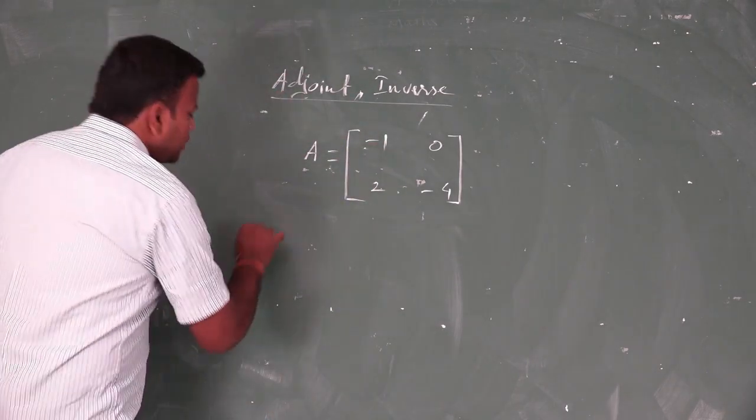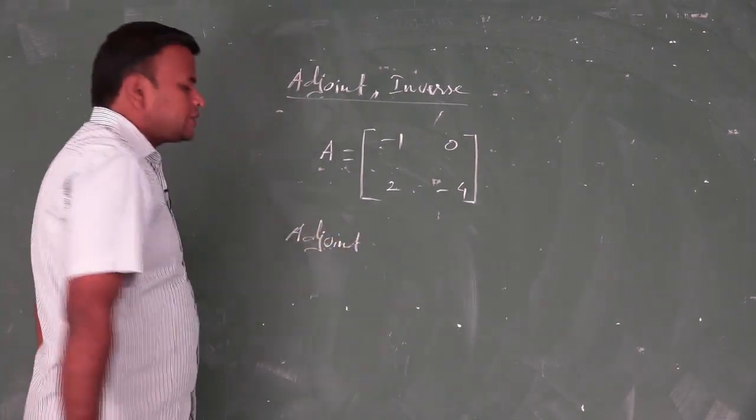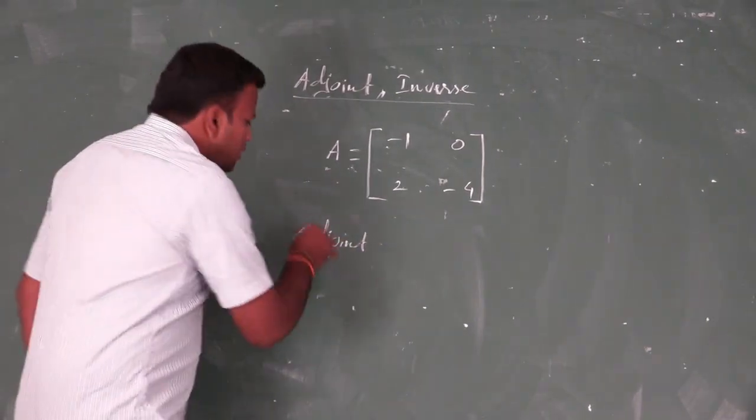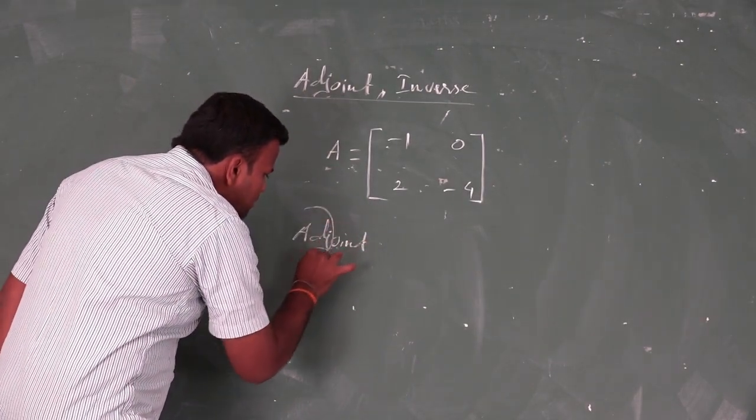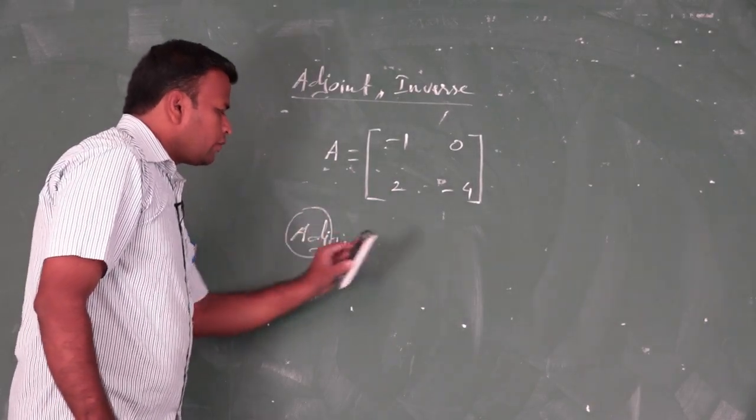In adjoint, the symbol of adjoint is shortly denoted as ADJ. Adjoint shortcut form is ADJ.